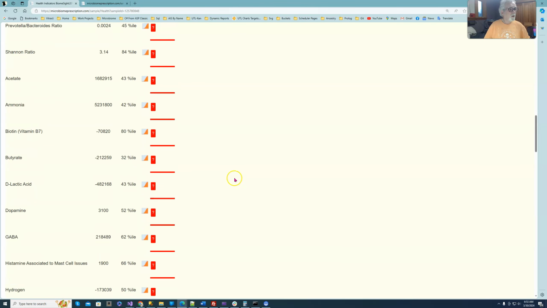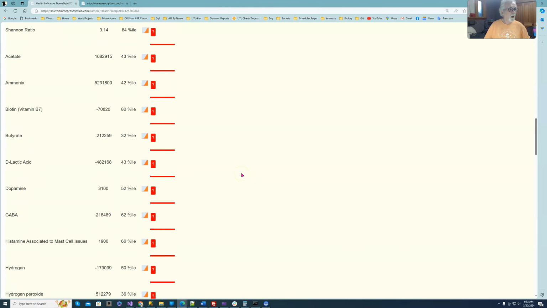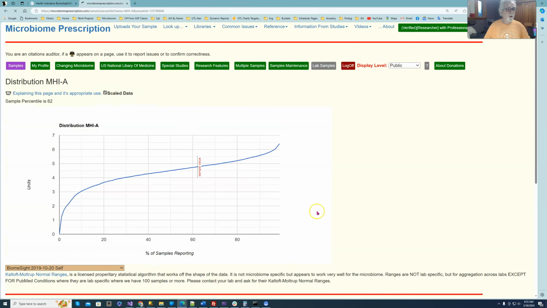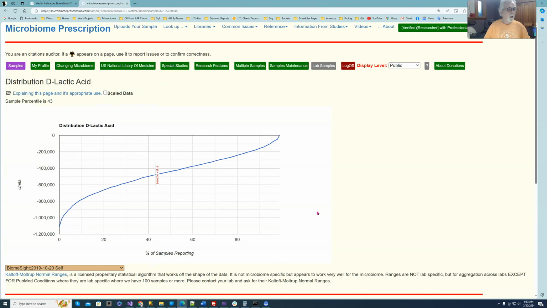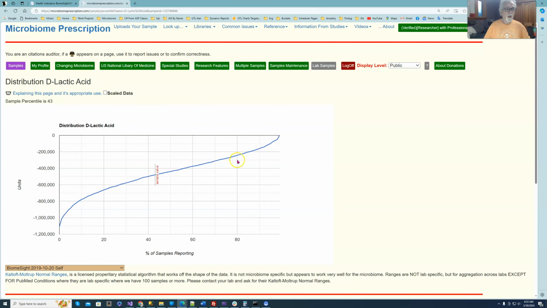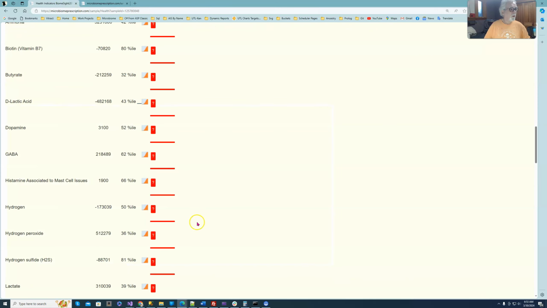so no problem there. Shannon indexes. Okay, let's take a look at something like D-lactic acid, which is connected with brain fog. And there I am, middle range. If we do a scale, definitely middle range, and the upper range is where you probably have a potential problem with brain fog.